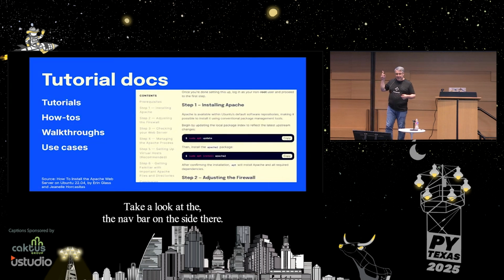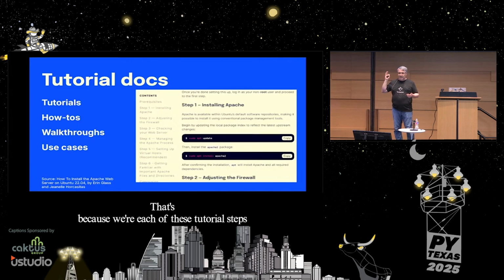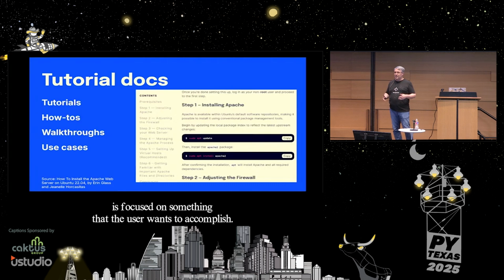Take a look at the nav bar on the side there. You'll see the headings listed there, and you'll notice that they contain verbs: installing, adjusting, checking, monitoring. That's because each of these tutorial steps is focused on something that the user wants to accomplish.